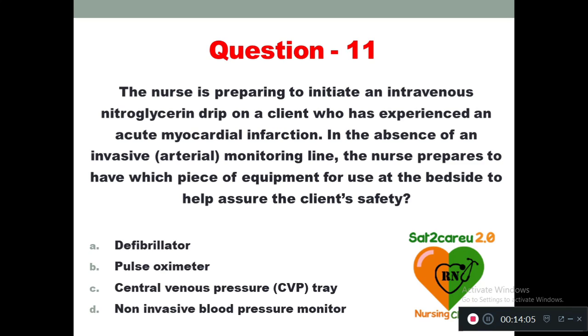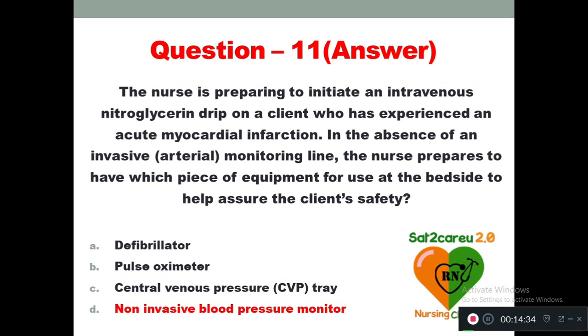Option A, defibrillator, B, pulse oximeter, C, central venous pressure tray, and D, non-invasive blood pressure monitor. So here nitroglycerin is administered intravenously for the client who has acute myocardial infarction, but there is no invasive arterial monitoring line. At this time, the nurse should keep option D, the non-invasive blood pressure monitor, at the bedside.